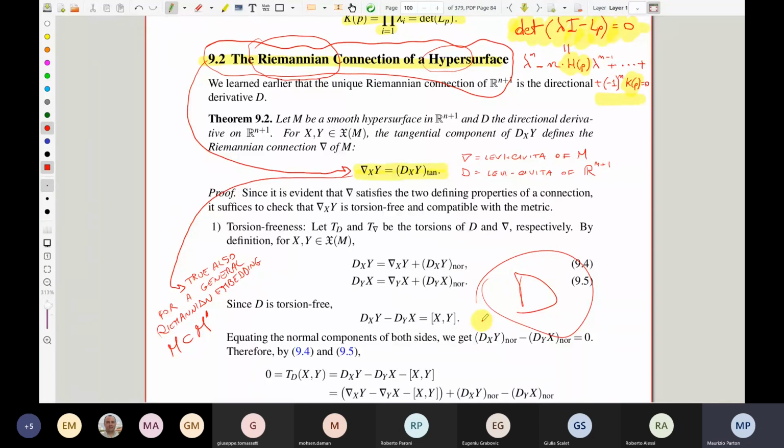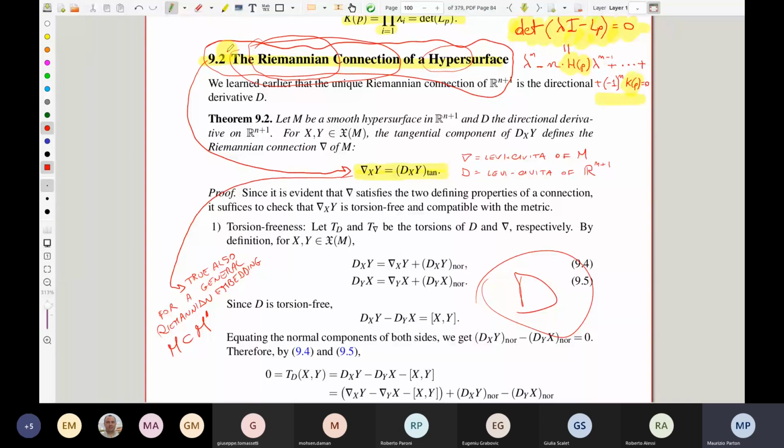And now I'm asking, with respect to this induced metric on the hypersurface, I know that there is a unique Levi-Civita connection, a unique Riemannian connection. What is this Riemannian connection with respect to the datum that I have of the metric in R^(n+1)?